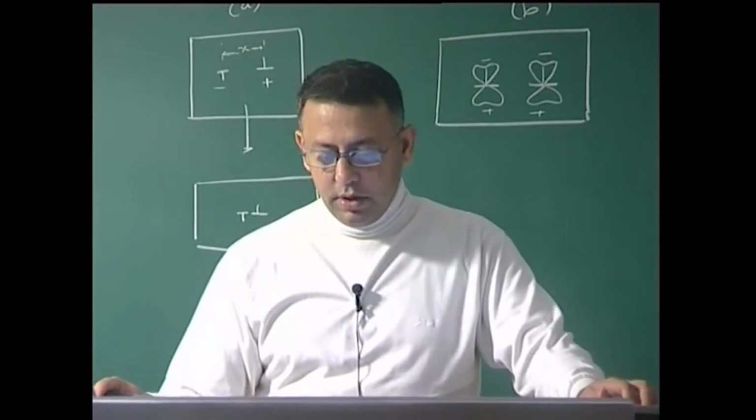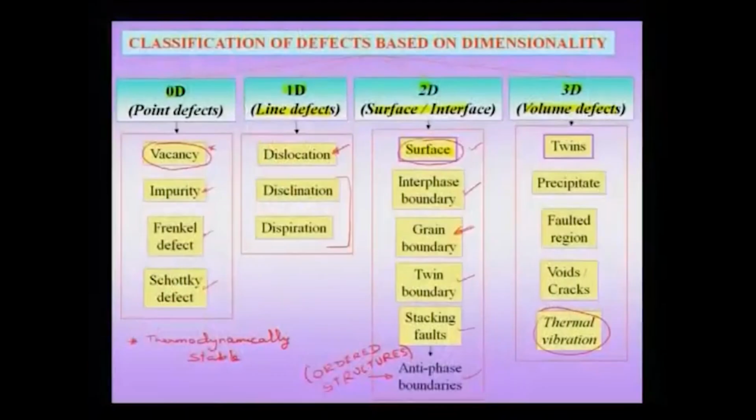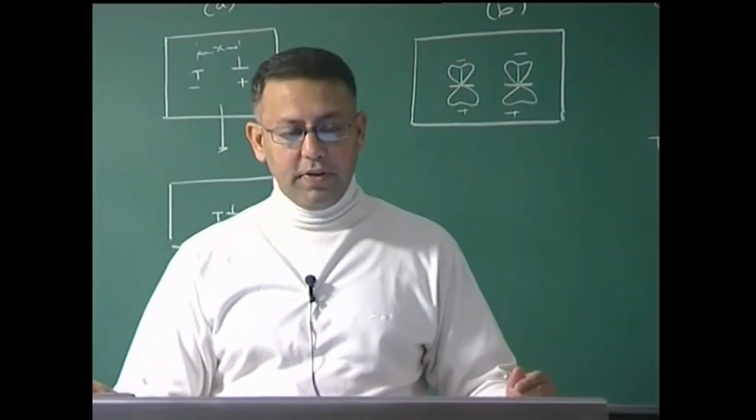Three-dimensional or volume defects, for instance, can be thought of as a twin which is bounded by twin boundaries. A precipitate can be thought of as a region wherein there is a second phase sitting in a matrix. So, this second phase is actually a disruption in the order of the perfect crystal, the parent crystal or the matrix crystal, and therefore can be thought of as a defect in the parent crystal.